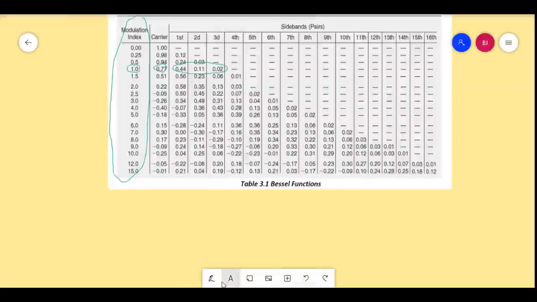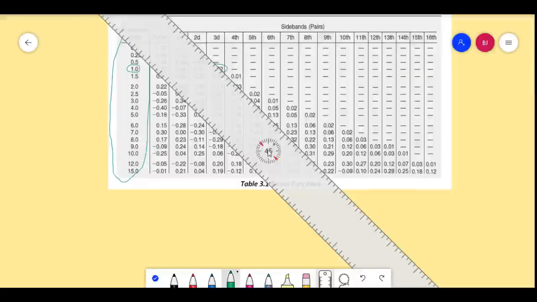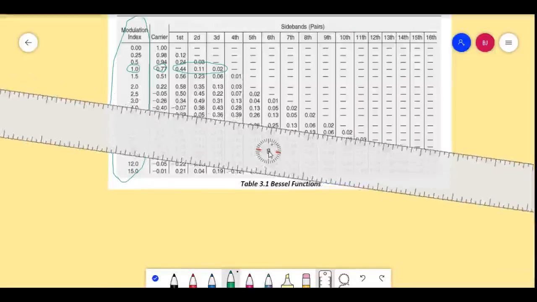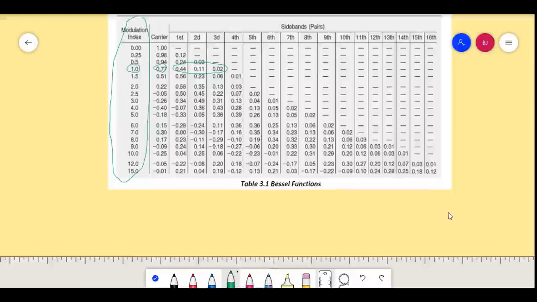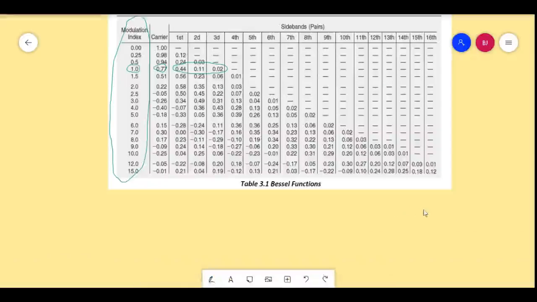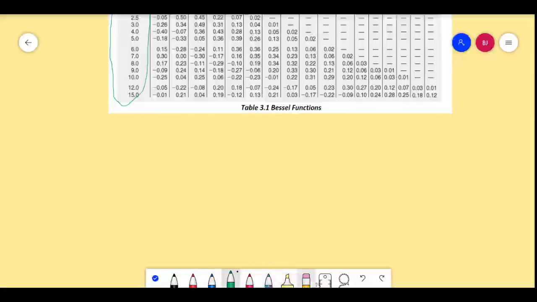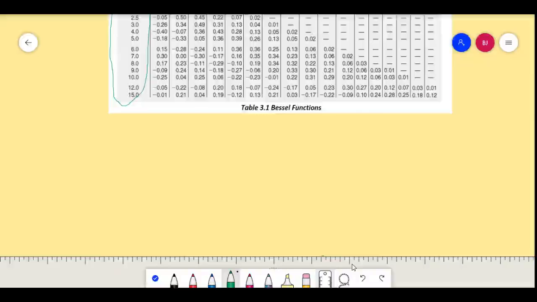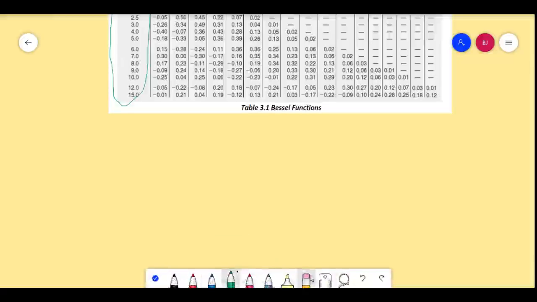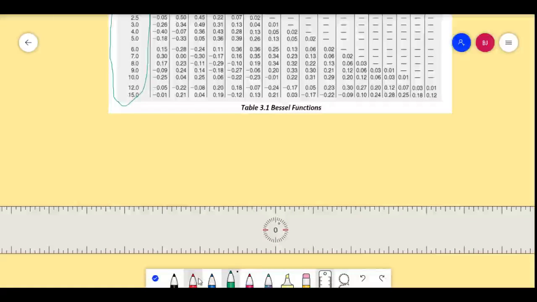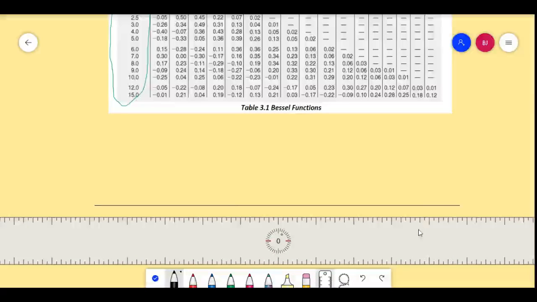So we would be needing our frequency domain. Let's draw a straight line here with a ruler. This would be our x-axis, which would be relating to frequency.